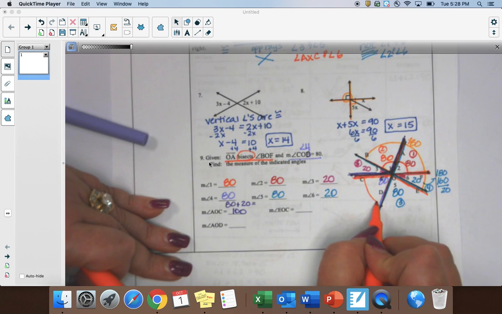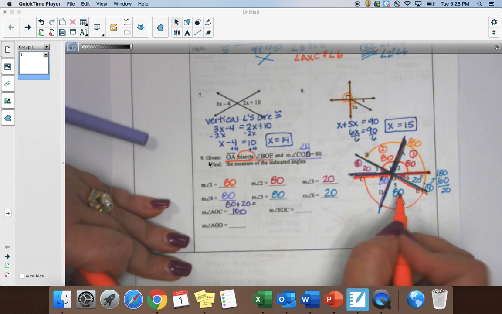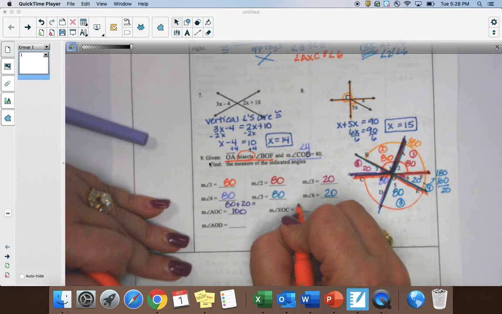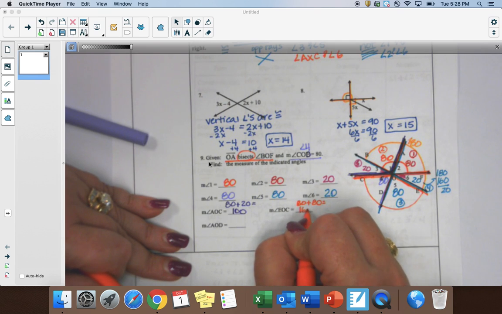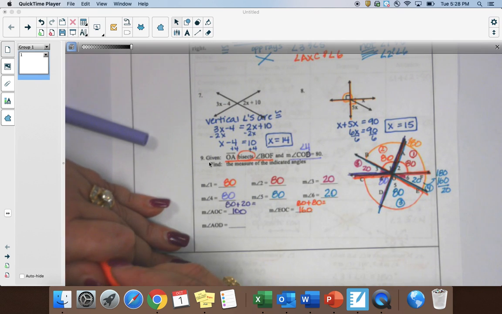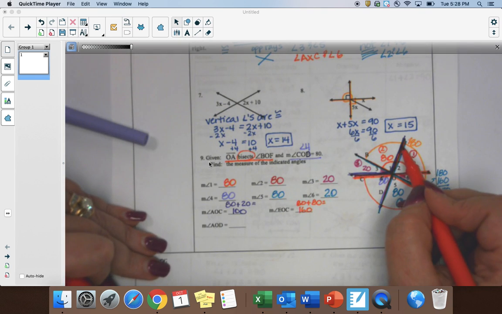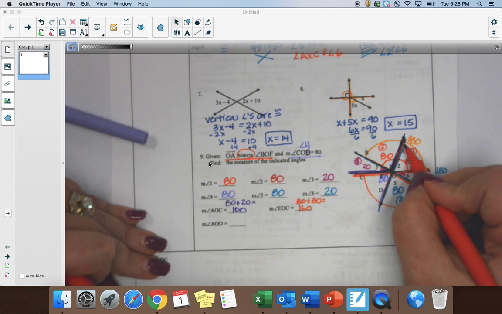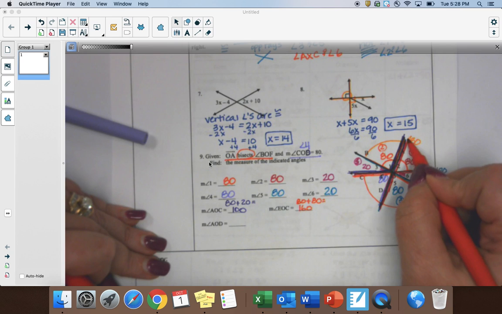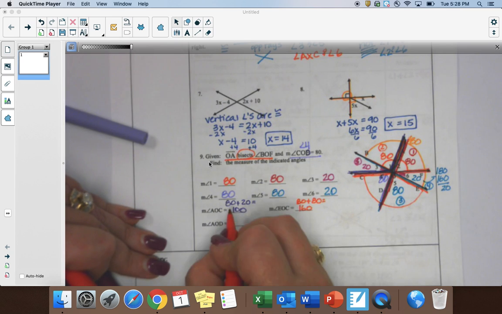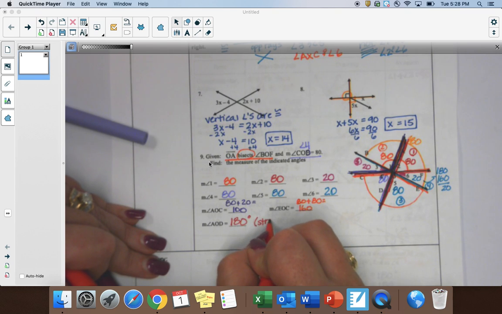That's this angle right here. So you can see that that's 80 plus 80, so that's 160. And then AOD is our last one. So AOD, you see AOD right here, that forms a straight line. That's a straight angle. So that is 180 degrees because it's a straight angle.